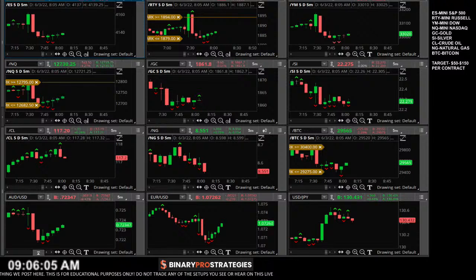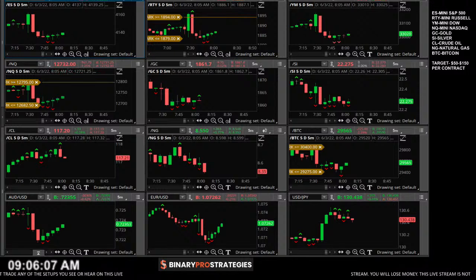So we're still short US Tech, which is NQ, or the mini NASDAQ. We're still short the mini Russell, which is RTY. And Bitcoin also has a short on, so short across the board.